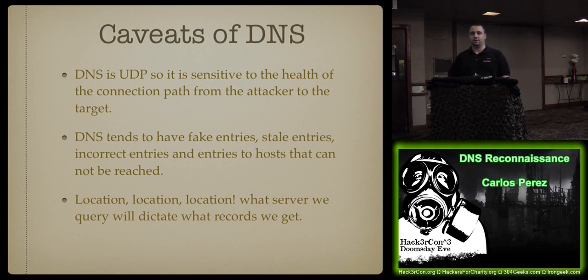If they're here in the States, I try to get a VPS in the States. If they're in Russia, I try to get a VPS in Russia. In Russia, they're quite cheap and they're quite nice. And depending on where I want to gather my information, many times I'll find an open DNS server close to that target and I'll use that one. As I mentioned, location, location, location, because this is UDP.